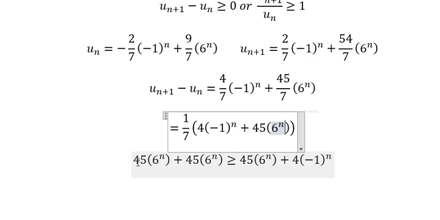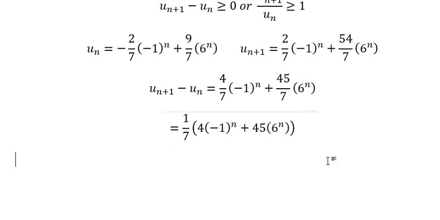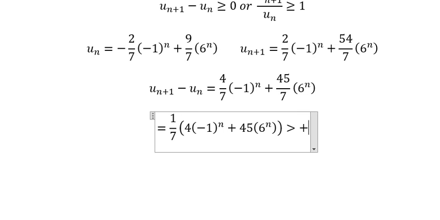Yes, it's always positive from just this explanation. So the result is always positive, and we are proving what is required to be proven.